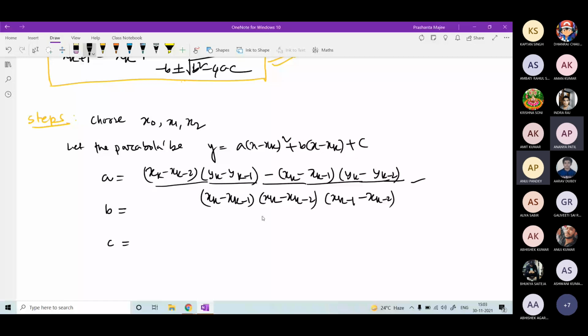The value of b is very similar to a, only two squares will be there at two places.